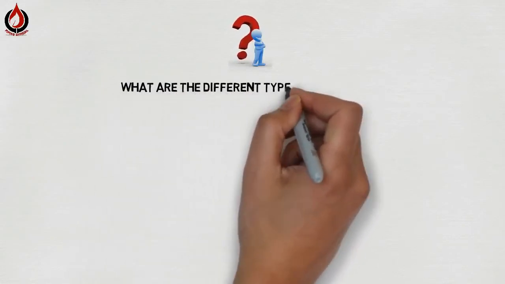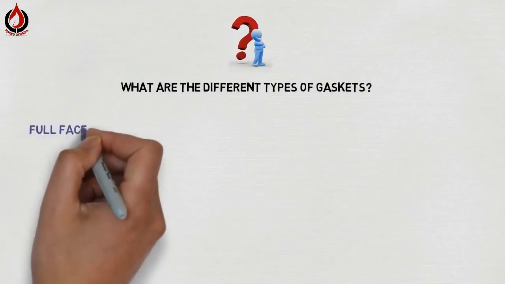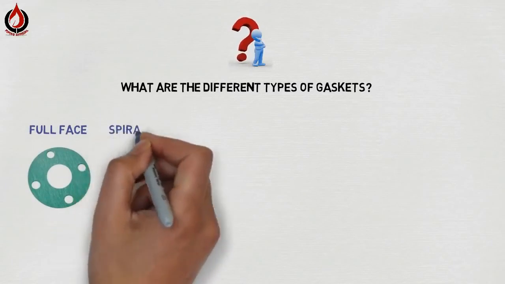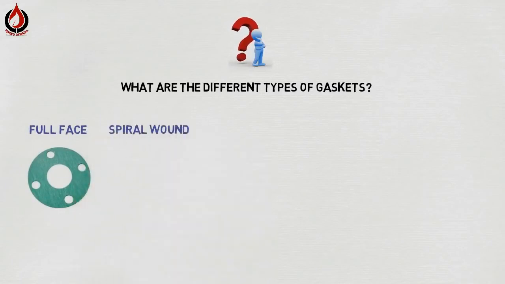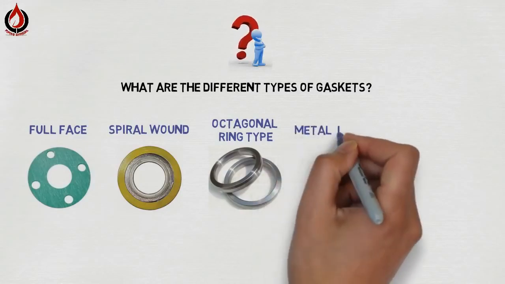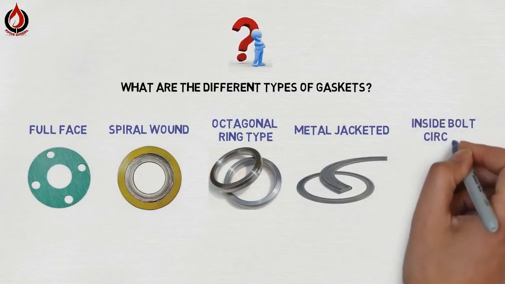What are the different types of gaskets? Full face, spiral wound, octagonal ring type, metal jacketed, inside bolt circle.